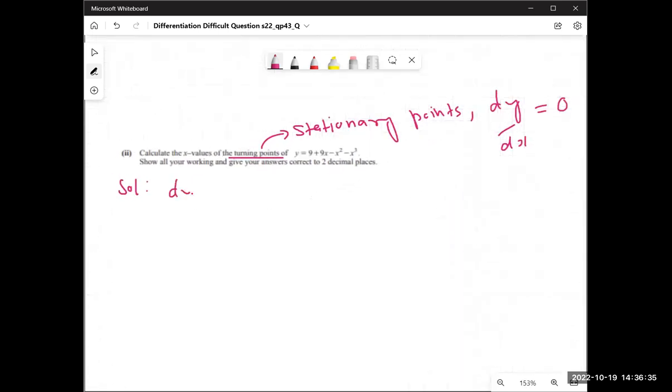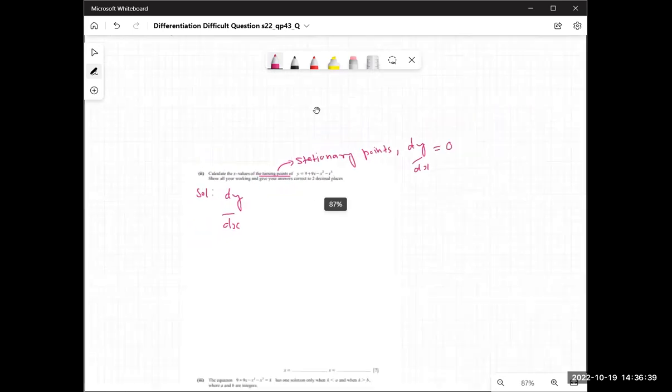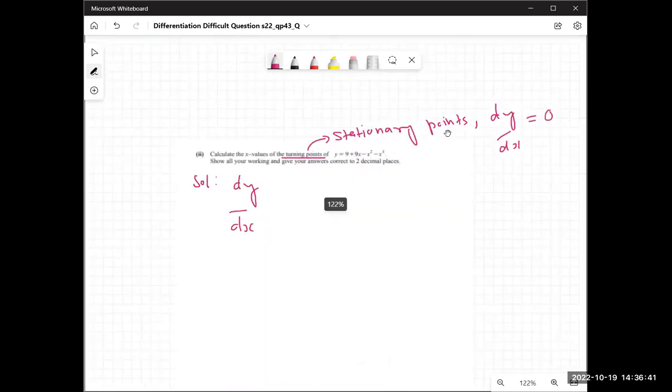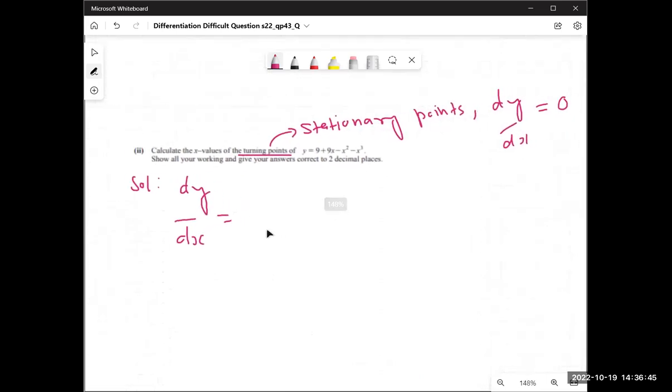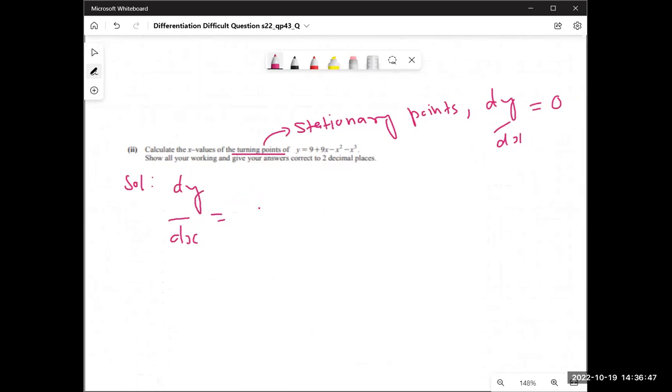Now, we have done this already, but whatever I say now, write it in your notebook. You should write the solution in your notebook while I'm writing it on the board, both of you. Now, dy by dx will be, first, let's say what was y? y was 9 plus 9x. I like to rewrite the question on the page once, so I have a good feeling of what the question is.